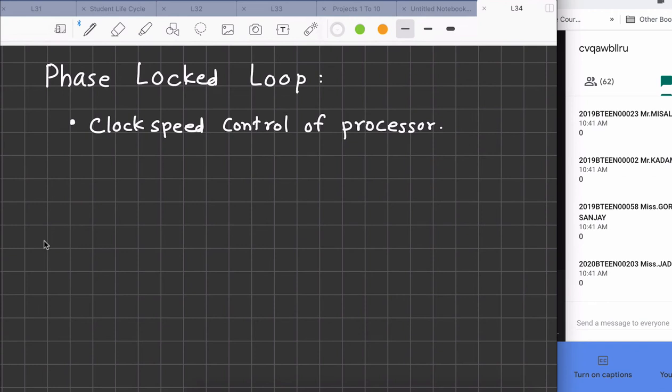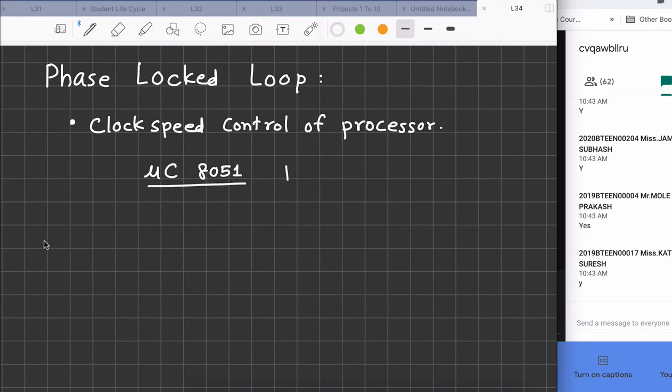Suppose you are using a microcontroller 8051. Are you learning 8051 now? Yes or no? Right. Now you picked up the basic 8051, and you started experimenting on this.